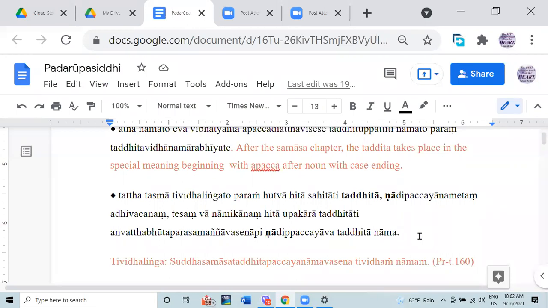Good question. In this long word, Anutta Buddha modifies Prasamanya. So the name mentioned in other books, which name? Taddhita.